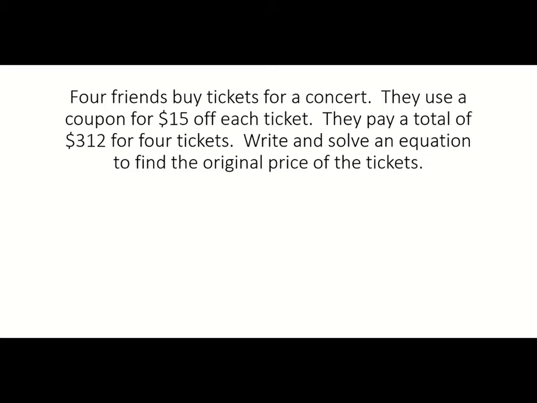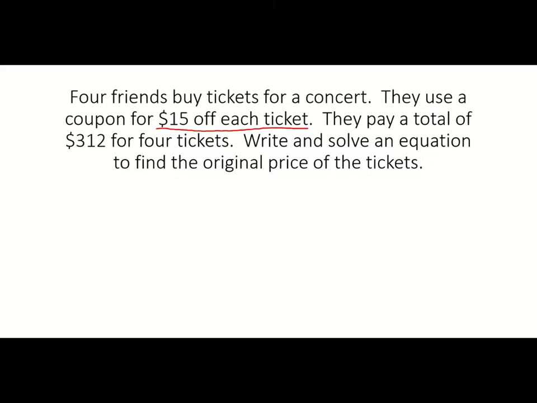So now that I've read the problem, I'm going to go back through and underline the important information. So the first sentence, 4 friends buy tickets for a concert. 4 friends could possibly be underlined, but it tells me the amount of tickets bought later, so I'm going to skip anything in that sentence for right now. They use a coupon for $15 off each ticket.